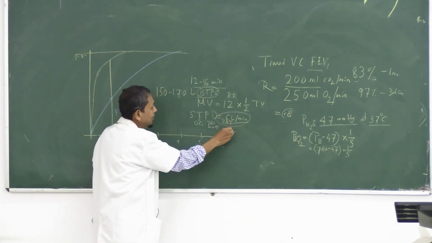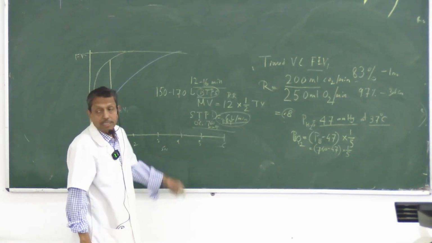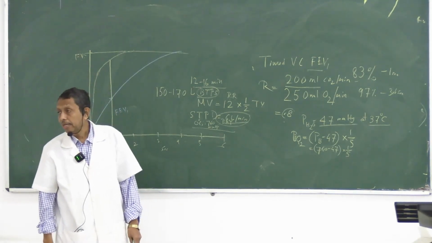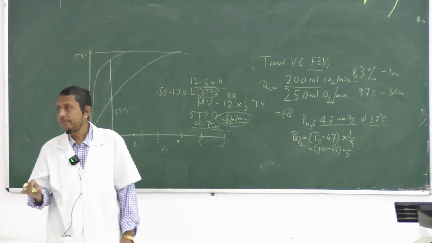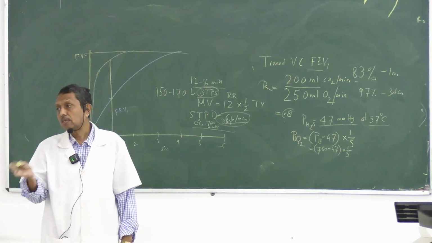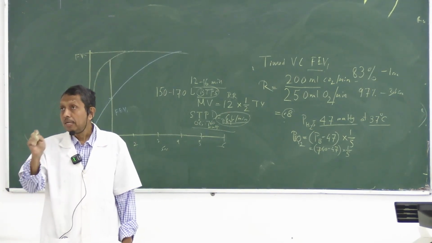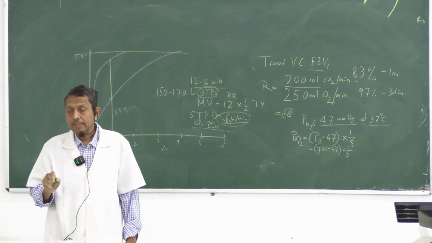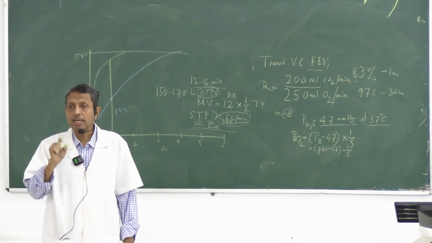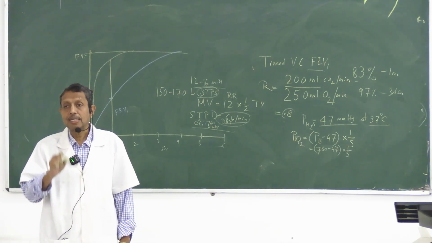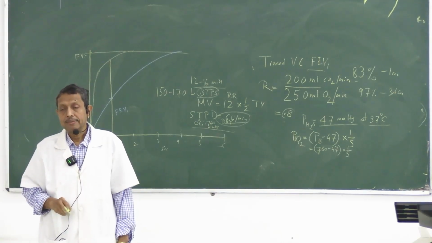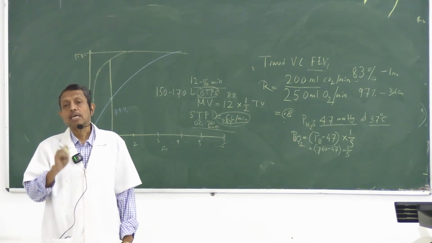Any volume of any gas can be converted. These are the standards. Ambient temperature and pressure, saturated or dry. When it is given, you take the ambient temperature. It must be noted at which temperature the examination or the gas is collected, measured. And these terms are used.